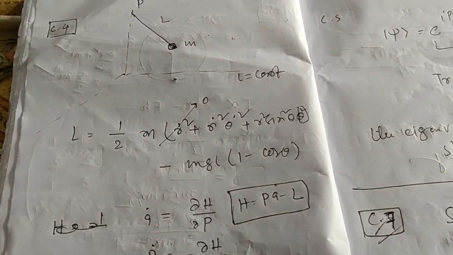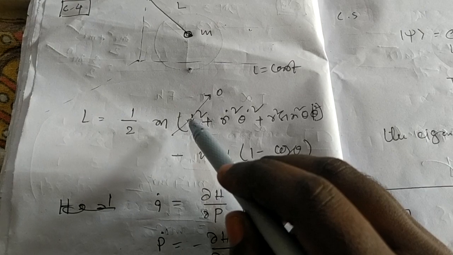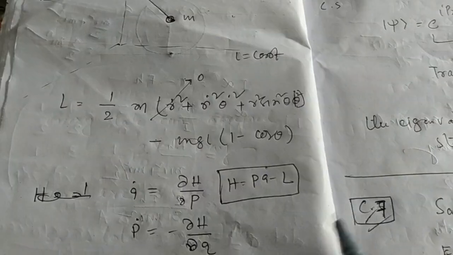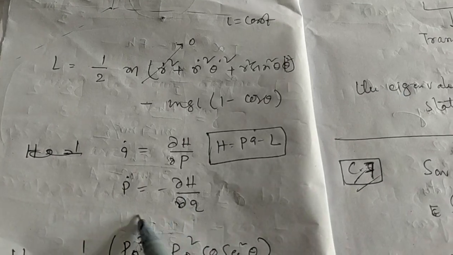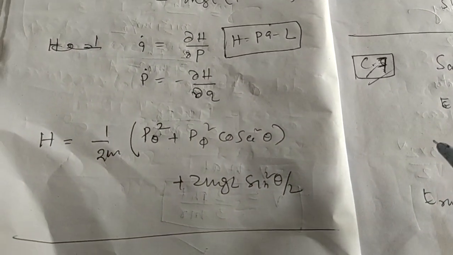So the r dot should be 0, because as you know the string is tight. There is no motion along this r direction. So this is the expression, and by applying these 2 and 3 formulas, we will end up with this result. Okay, you can see the Lagrangian and the Hamiltonian.